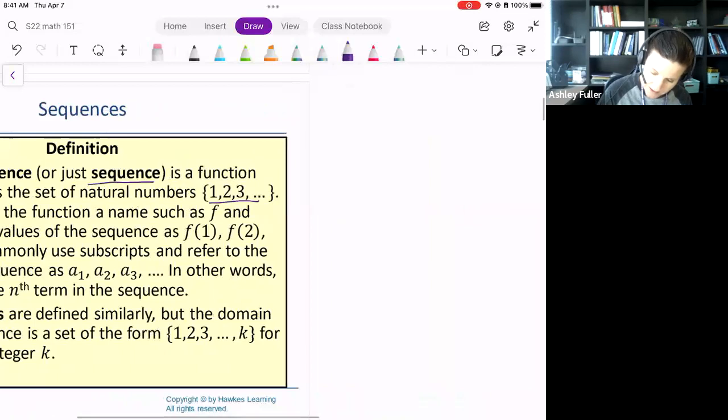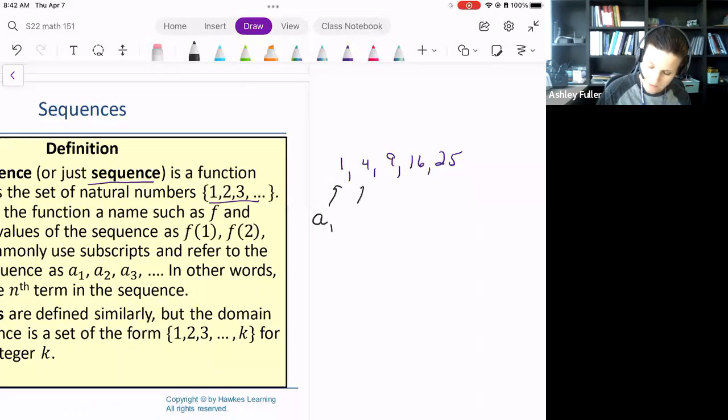So in our previous example of 1, 4, 9, 16, 25, our first value would be a sub 1, our second value a sub 2, a sub 3, a sub 4, a sub 5, and so on.